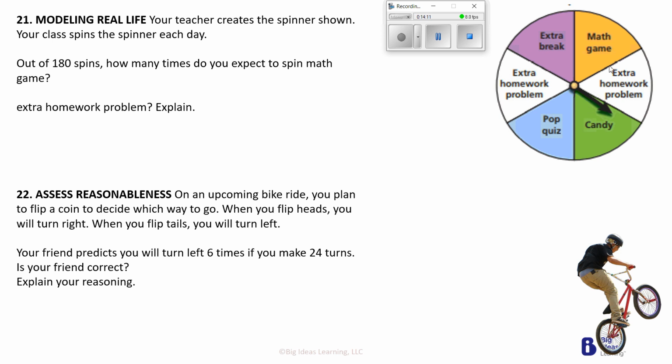And they're saying, how many times do you expect the spinner to pick math? Well, there's 1, 2, 3, 4, 5, 6 possible things that could land on. If you have 180 divided by 6 will be 30. So I would say probably 30 times.